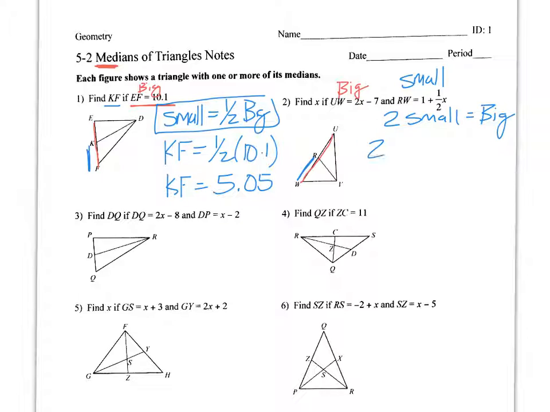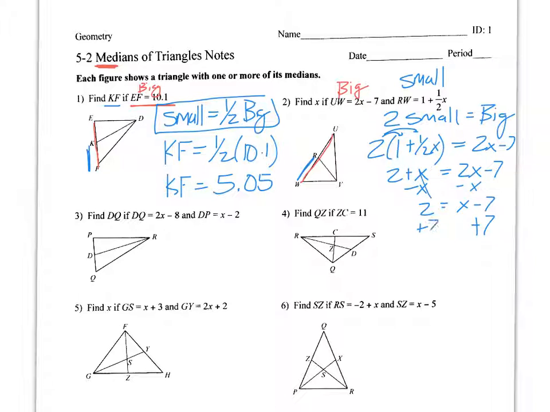So 2 times the small one is 1 plus 1/2 x equals the big one, which is 2x minus 7. I do my distributive property here, and I get 2 plus x equals 2x minus 7. Now I have to solve, so I subtract x, get 2 equals x minus 7, add 7 to both sides, and I get 9 equals x.